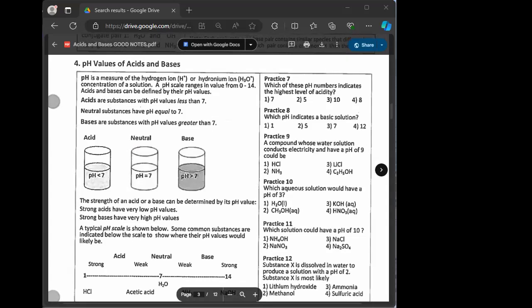Okay, now let's say pH is supposed to be the measure of hydrogen ions or hydronium ions in a solution.